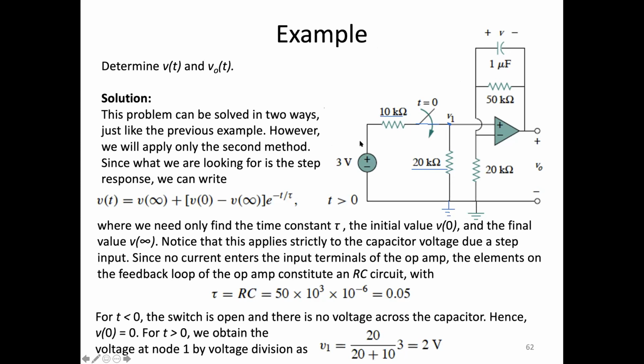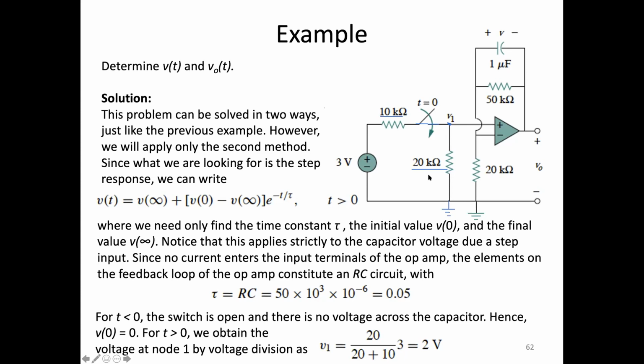And so this 3 volts is divided across the 10 kilo ohm and the 20 kilo ohm. This node here is sitting at 2 volts because 20 kilo ohms is 2/3 of the total impedance.